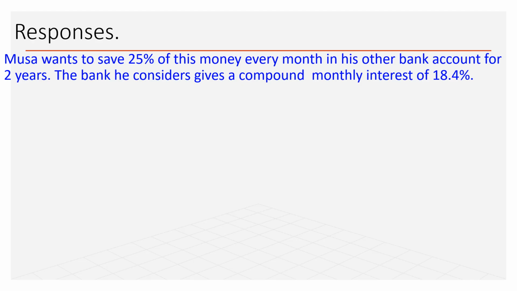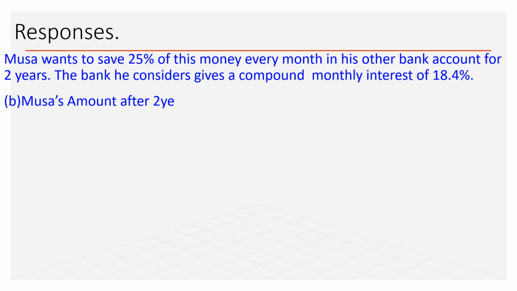The bank he's considering gives an interest rate of 18.4%, and this interest rate is a compound interest. Just in case we are requested to find compound interest, we shall find that also, but here we just need to get the amount.